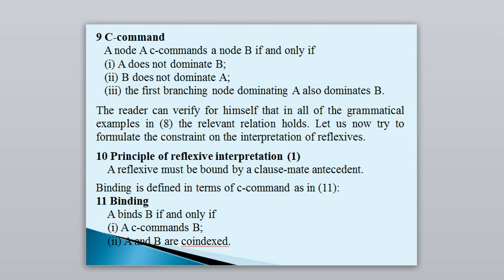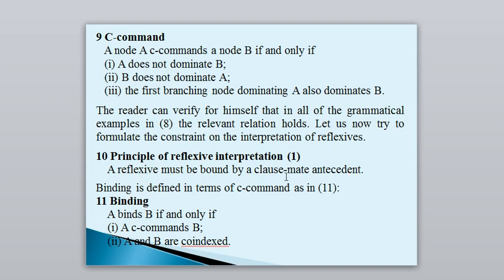Let us now try to formulate the constraints on the interpretation of reflexives. So the principle A of binding theory is the principle of reflexive interpretation. A reflexive must be bound by a classmate antecedent.